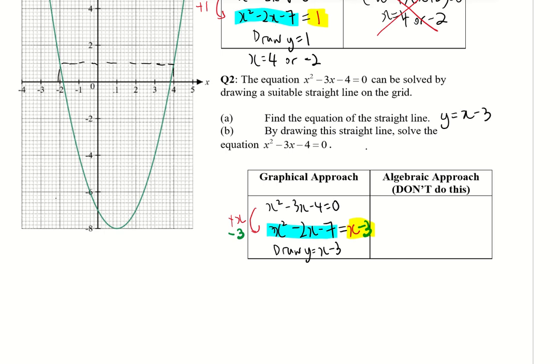For part B, by drawing this straight line, solve the equation. I have to set up the table of x, y values. I can choose x is negative 2, 0 and 2. Substituting, x negative 2 gives negative 5, x 0 gives negative 3, and x 2 gives negative 1. I plot these points, negative 2, negative 5, 0, negative 3, and 2, negative 1.